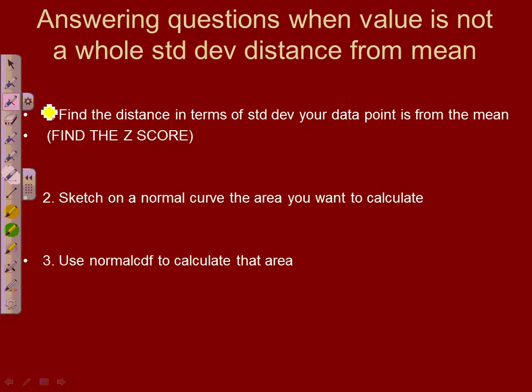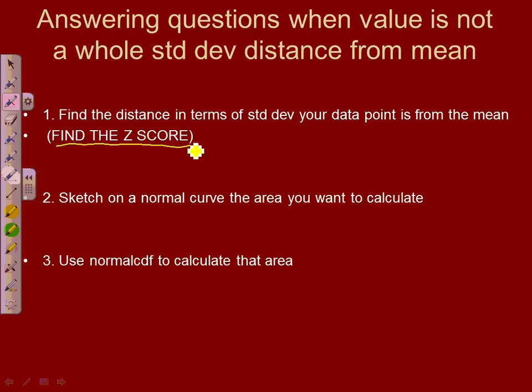Write down these steps. Step 1, you're going to find your distance in terms of standard deviation your data point is from the mean, or you're going to find the z-score. Step 1, find your z-score. We will turn data, which is in inches or in money, who knows, we'll turn that data into standard deviations.